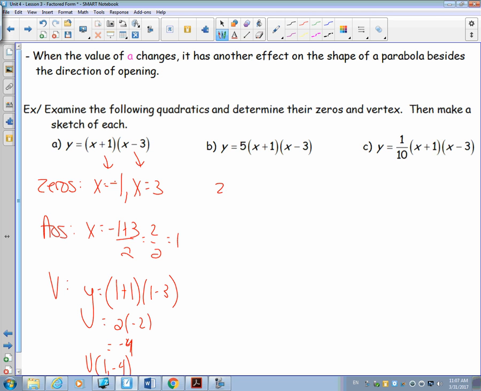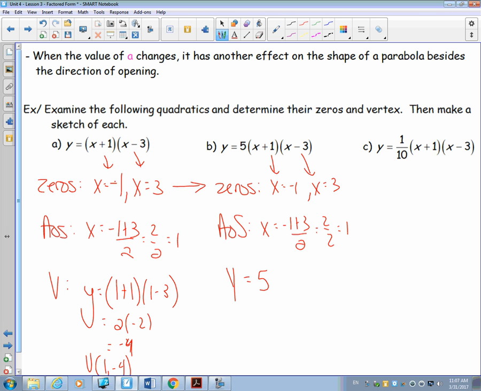Zeros. The zeros come from here, -1, and here, 3. My axis of symmetry. Add them together, divide by 2. My vertex, y equals, oh, I got a 5 up front this time, so I've changed the A value. Notice that everything else has actually been the same so far, right?